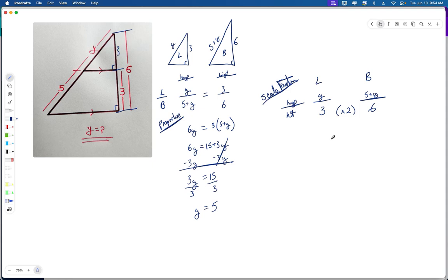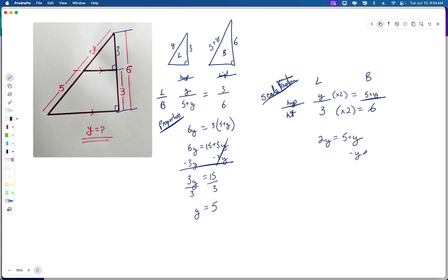So that also means that because these are similar triangles, I should be able to multiply this times 2 to equal this. So y times 2 should equal 5 plus y. So I can create a statement based off of this scale factor. Y times 2 is equal to 2y, which is going to equal 5 plus y.